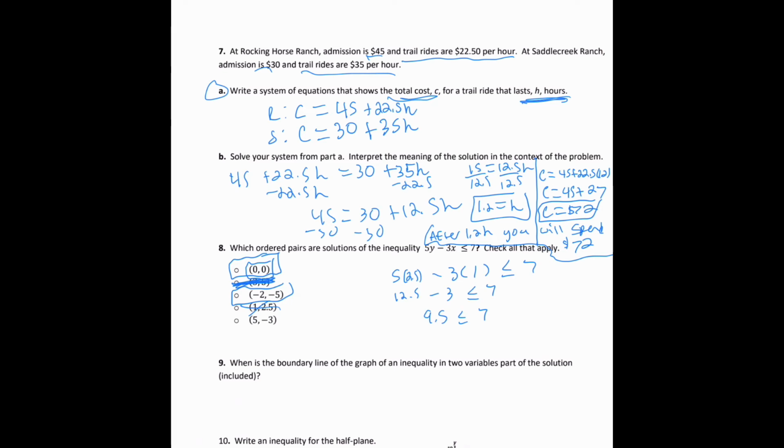And then finally, we'll check the last one. Negative 15 minus 15 would be negative 30, and that is less than or equal to 7, so that is another one that works.